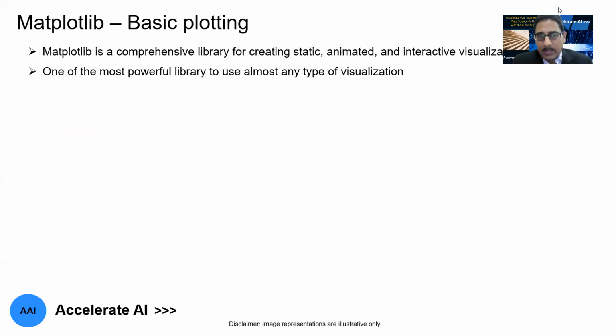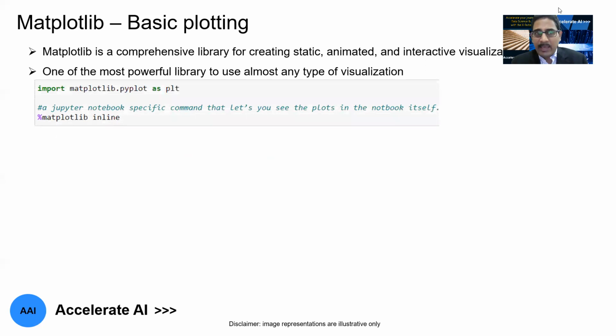If we look at basic plotting, it's a comprehensive library, and initially you need to import matplotlib.pyplot into your notebooks. If you're using a Jupyter notebook, you have to use the %matplotlib inline command that lets you see the plots in the notebook itself.